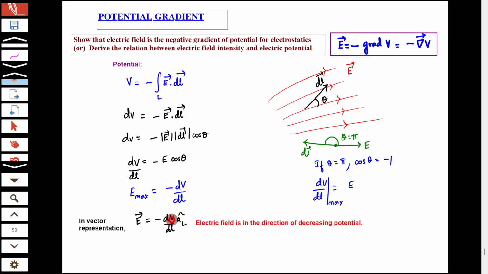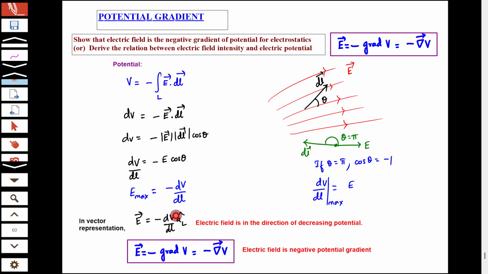Now, this dV by dl a_L cap talks about variation of V with respect to distance, or you can say this is the slope of V. In vector terms, the slope of V in a three-dimensional system, we call it the gradient. So this expression for E can be written as minus gradient of potential V or minus del V. We can also say electric field is in the direction of decreasing potential.